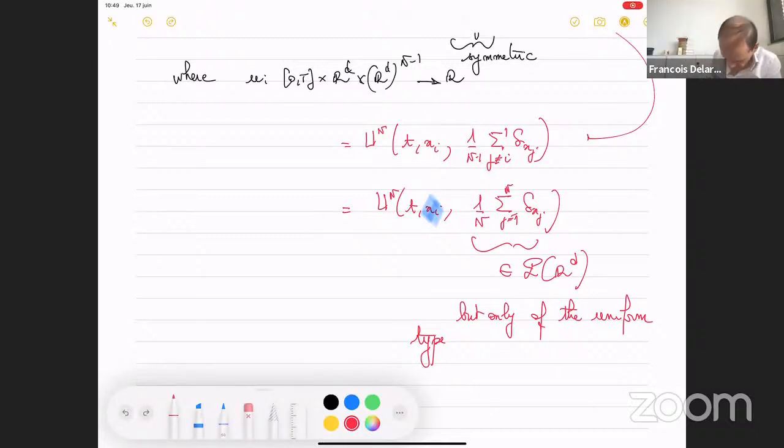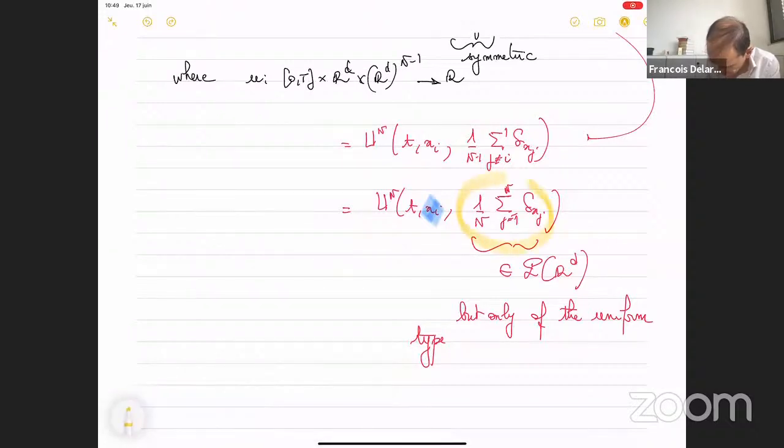So just to emphasize, for convenience I'm writing this as a measure, but I'm not claiming that UN can be extended easily to the whole space of measures.